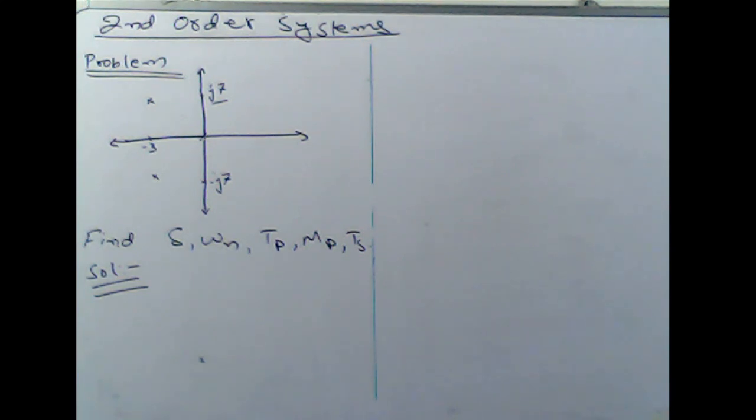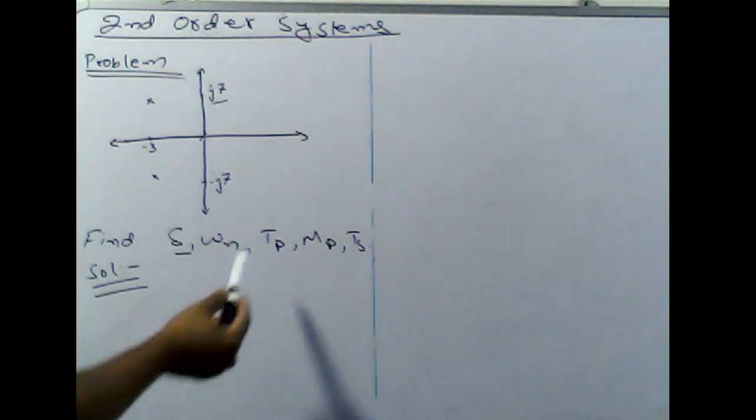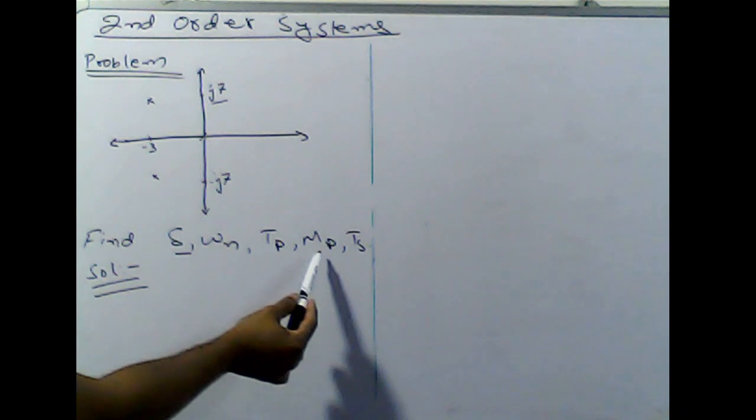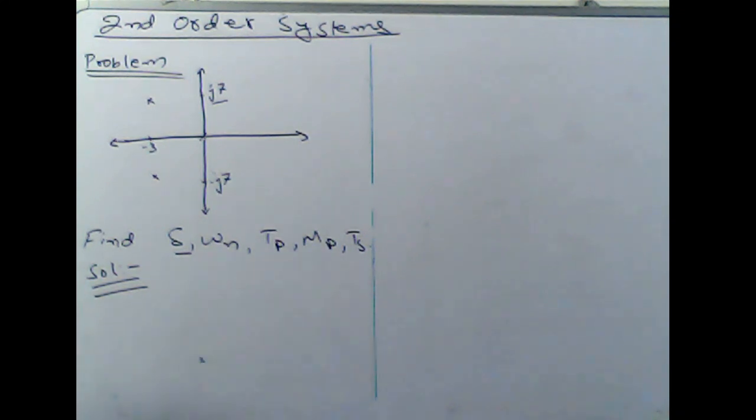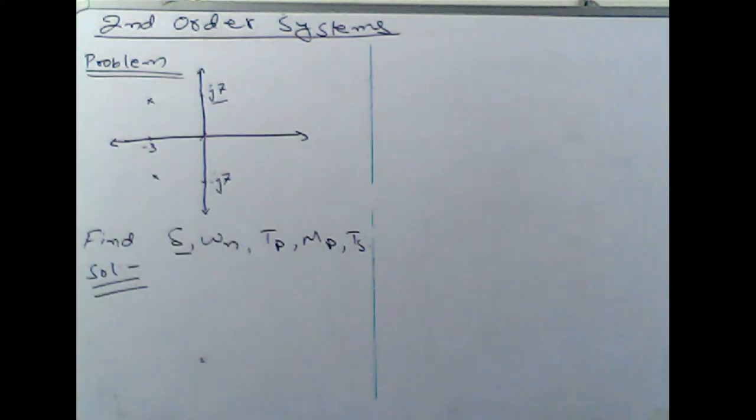What we have to find out in this problem is zeta, omega n, Tp, maximum overshoot, and the settling time. So we have to find these quantities just by using this S-plane graph.